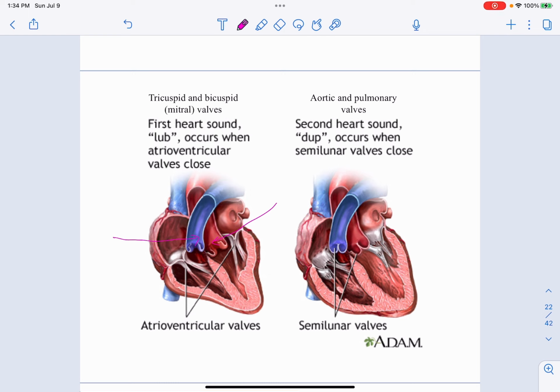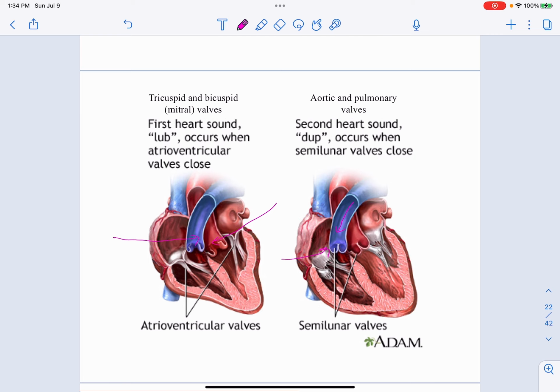You can actually see it better in this picture. If blood does decide to flow backwards, these little cups fill up, and that slams the valve shut, like a door, so that blood cannot re-enter the ventricle. So it almost has a built-in mechanism to ensure that these valves will close.